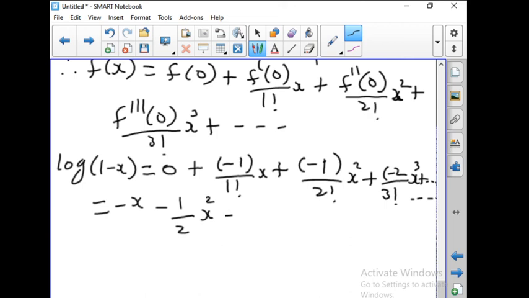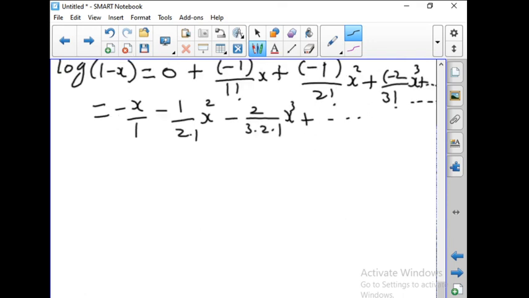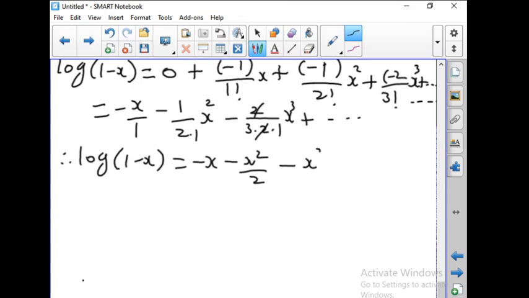Then minus 2 by 3 factorial, where 3 factorial is 3 into 2 into 1, 2 factorial is 2 into 1, and 1 factorial is 1, x cube plus etc. So finally log of 1 minus x is equal to minus x minus x square by 2, here the 2 will get cancelled, minus x cube by 3 minus etc.